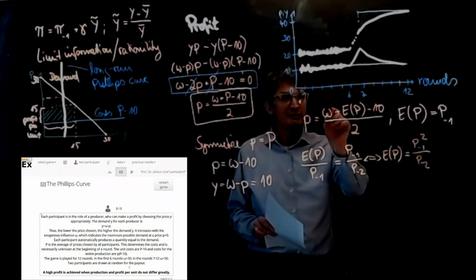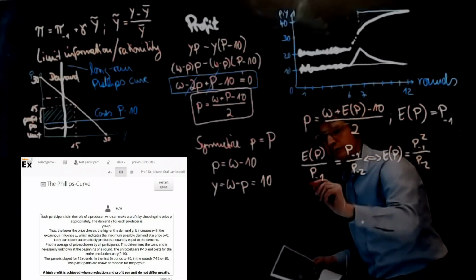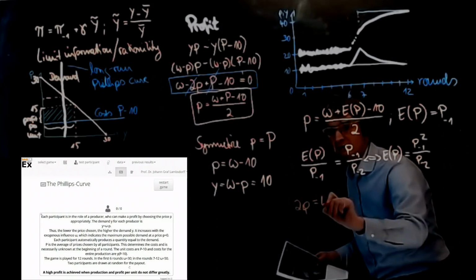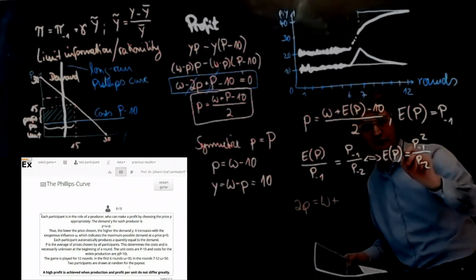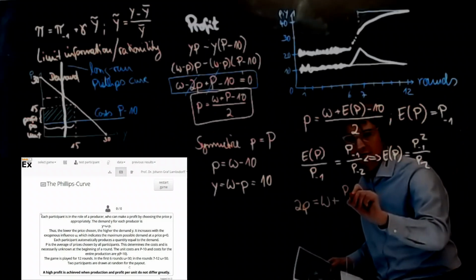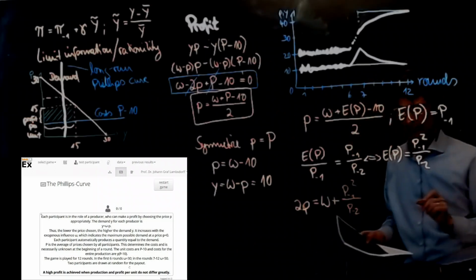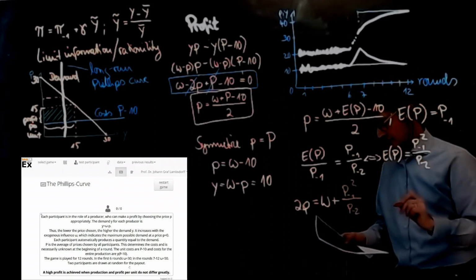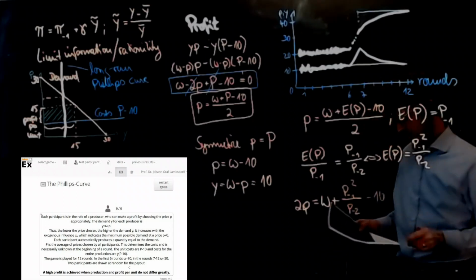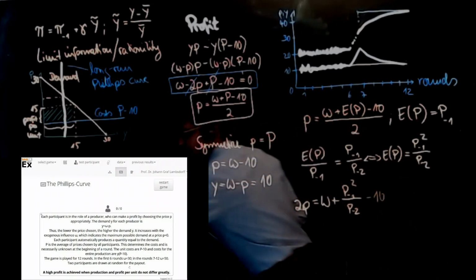And once we insert this here, you see, well, I multiply with a 2, so I have 2p, should be equal to omega plus, now I insert here for the expected capital P, P minus 1 squared over P minus 2. Yeah, and then the rest is the minus 10. And now I apply a minor trick.